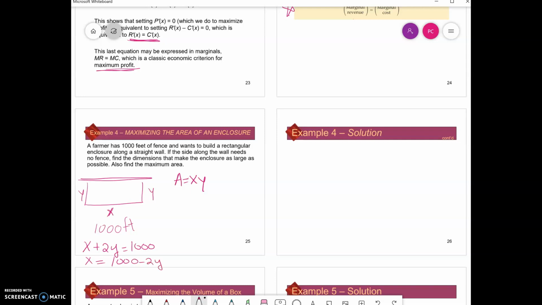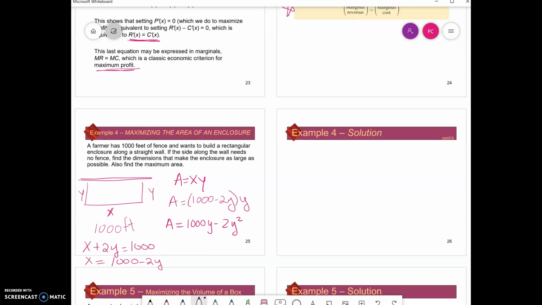So I'm going to replace my x with 1,000 minus 2y. So my area is 1,000 minus 2y times y, giving us area equal to 1,000y minus 2y squared.